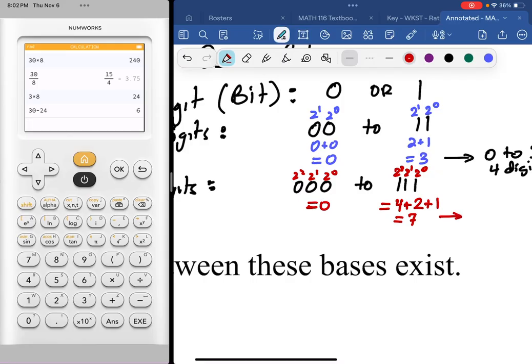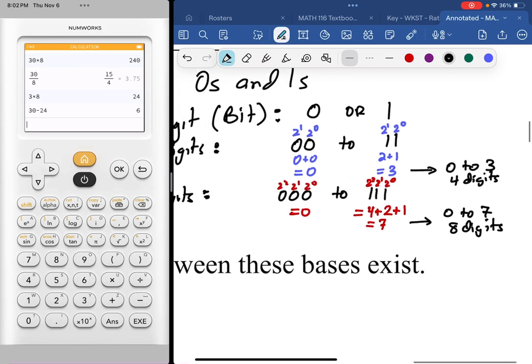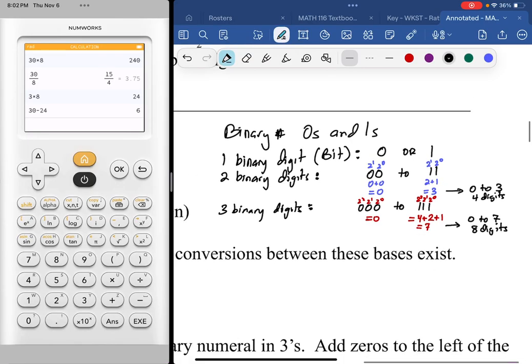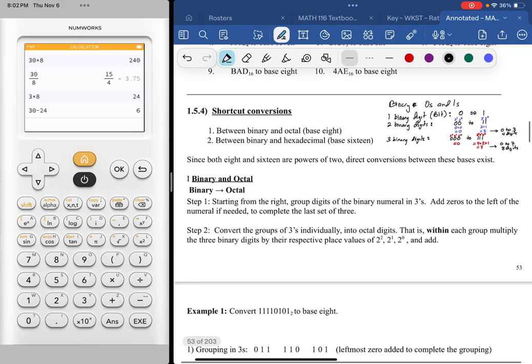So that's going from 0 to 7, which is 8 digits, which is what the octal system is made up of. And if I go 4 binary digits, that would get me as far as 16 digits. I'll show that in a little bit, but for now we'll focus on the binary to octal.